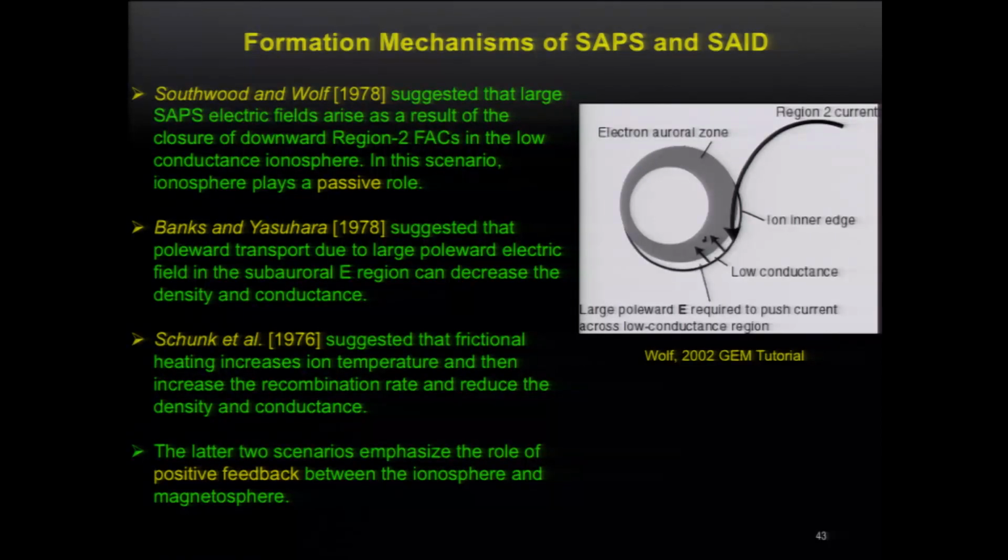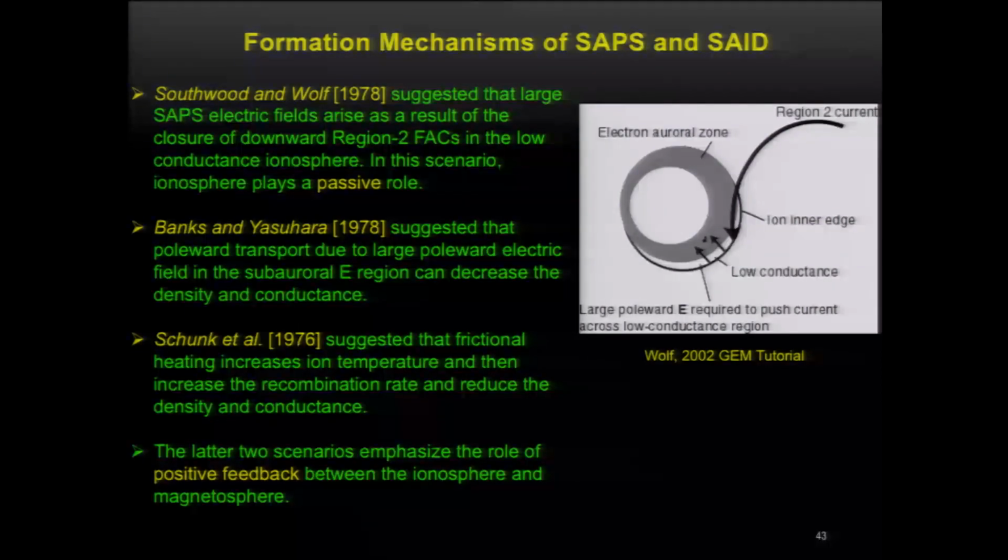There are also other mechanisms which emphasize the positive feedback between the ionosphere and the magnetosphere. Banks and Yasuhara back in the 70s also suggested that in the collisional layers, the ions can be transported in the direction of the electric field as well. So in the SAPS channel, where in a lot of cases you have a poleward electric field, it can move the ions to a higher latitude, away from the region where your electric field actually peaked.